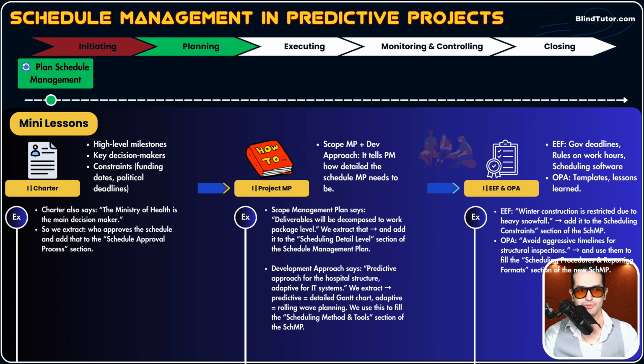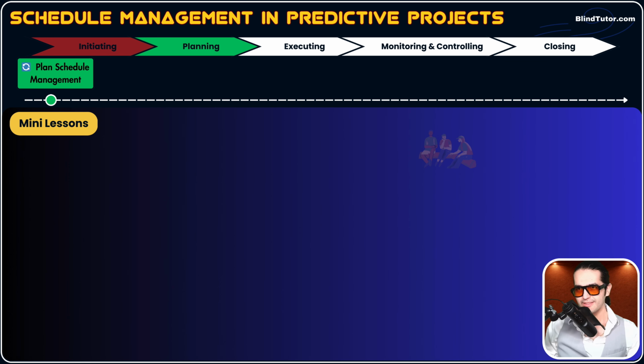Now, let's get into TTs and see how different tools and techniques help us in the plan schedule management process. All right, let's continue our mini lessons with the tools and techniques of plan schedule management. And you know what, guys? We have the same list of tools and techniques that we use for plan scope management. Why?